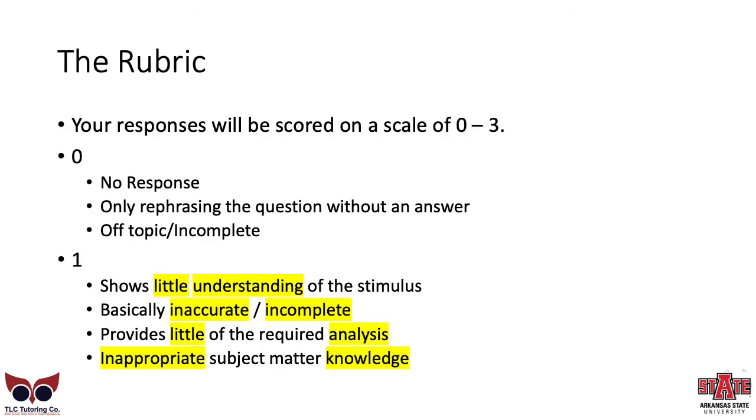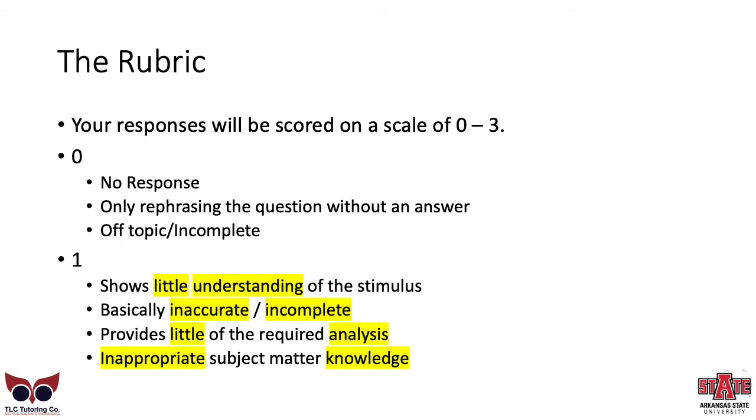The rubric. Your response will be scored on a scale of 0 to 3. It is very important that you are familiar with the characteristics of each of the scores on this scale. A score of 0 will be given if there is no response, if the response is only a rephrasing of the question without an answer, or if the response is off topic or incomplete.